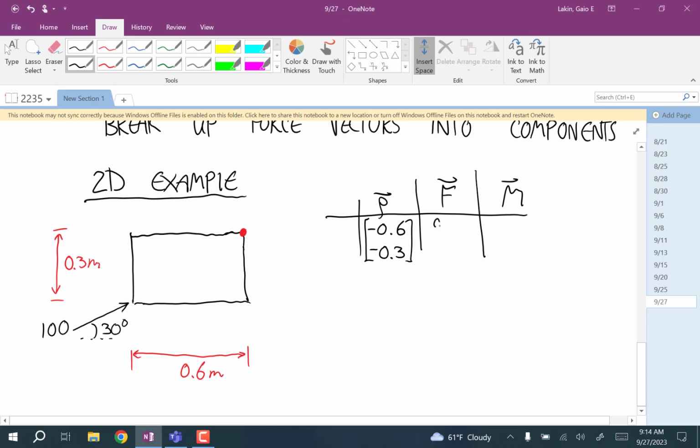So the force vector is 86.6 and 50. And then the cross product is, so that's -30. Can someone calculate that for me? Positive 4.02? Okay.